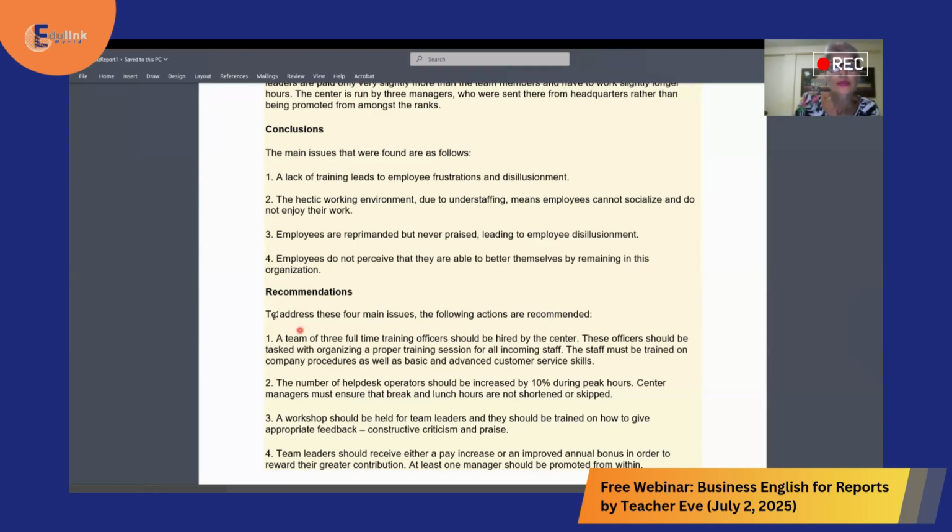These are the things that the company could do to make things better in this call center. So that's the basic structure for a report.